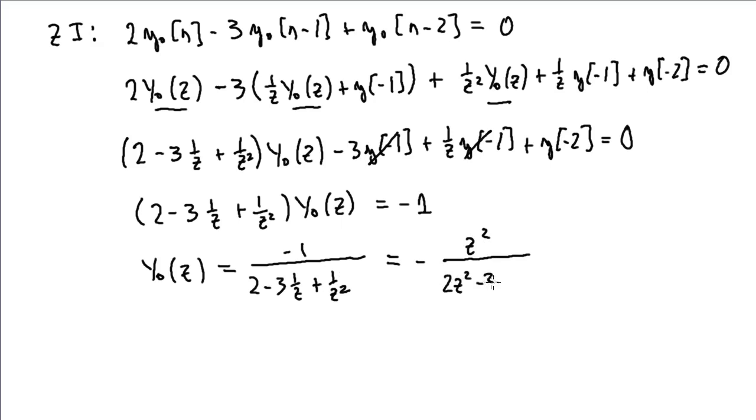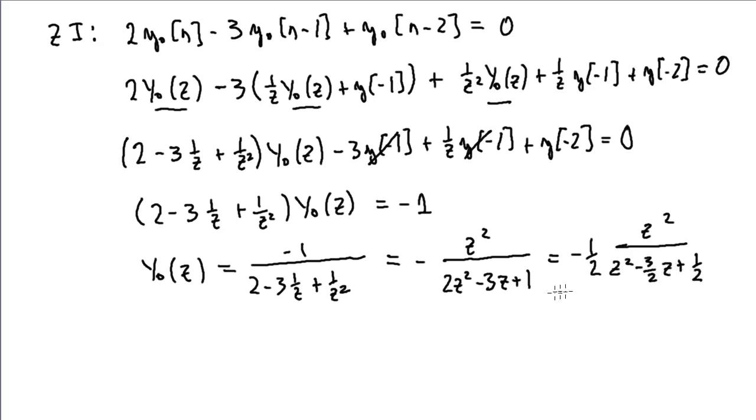2z squared minus 3z plus 1 in the denominator. Writing this now in standard form with the coefficient of the leading term being 1 in the denominator, z squared over z squared minus 3 halves z plus a half.